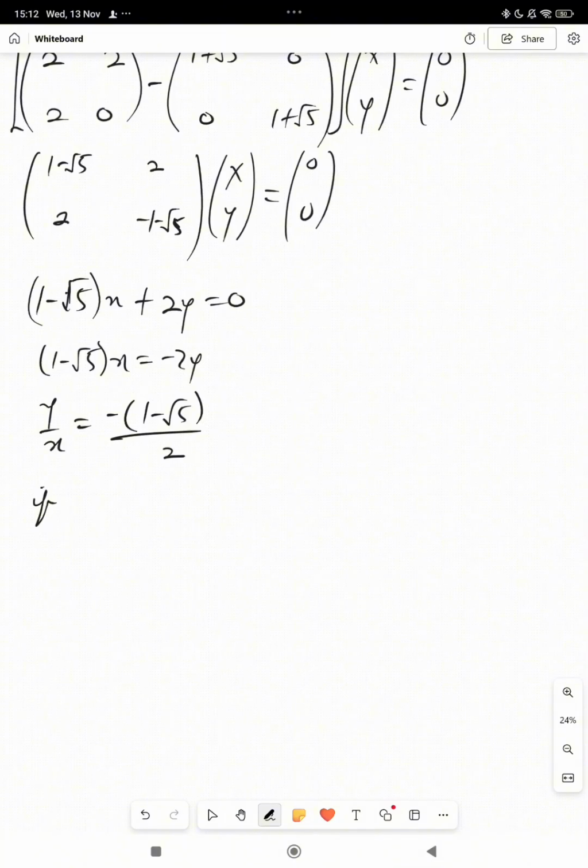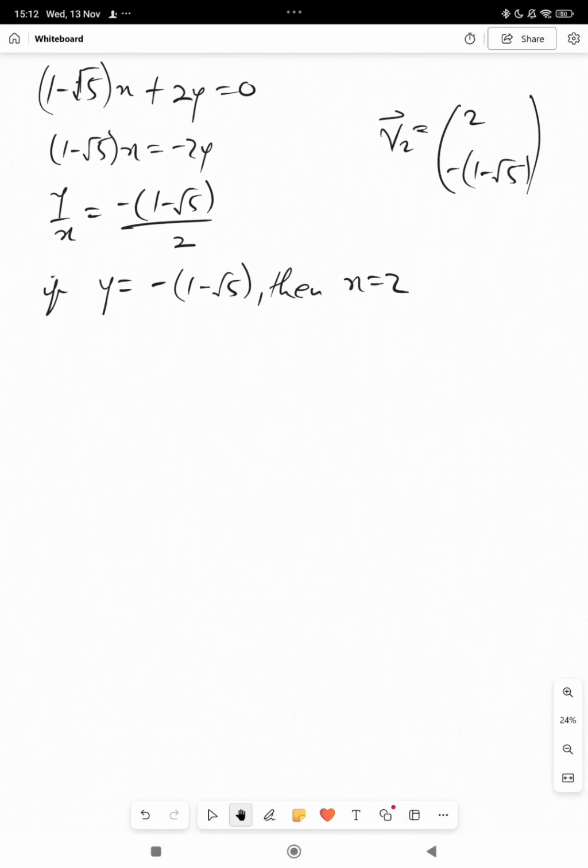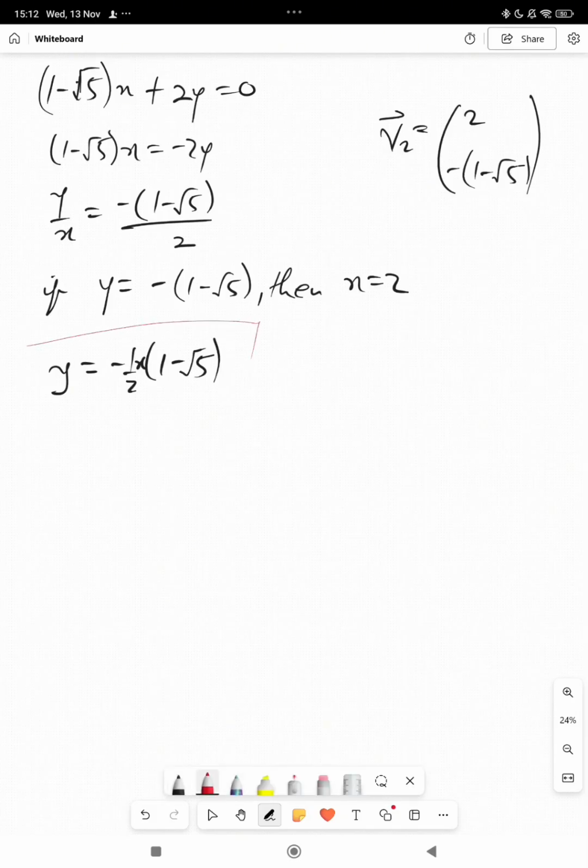So if y is equal to minus 1 minus the square root of 5, then our x will be equal to 2. So we found our V2 is equal to 2, minus 1 minus the square root of 5, and we write our equation of a line. We have y equals minus 1 over 2 times 1 minus the square root of 5, times x. Okay, so we also highlight this. We'll come back to it later.